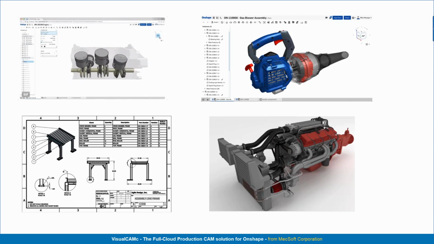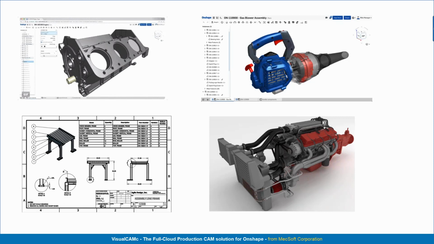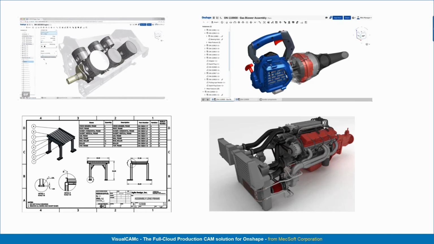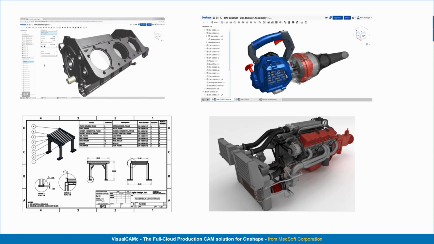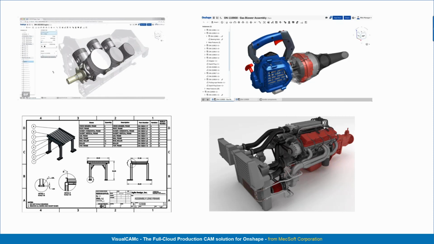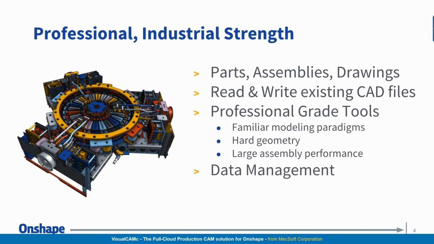We do parts, assemblies, drawings. It is a platform, as you're going to see with VisualCAM, adding the manufacturing on top of the Onshape design, but it's very common types of tasks that a mechanical engineer would do with Onshape. And we know that we're solving very, very tough problems.